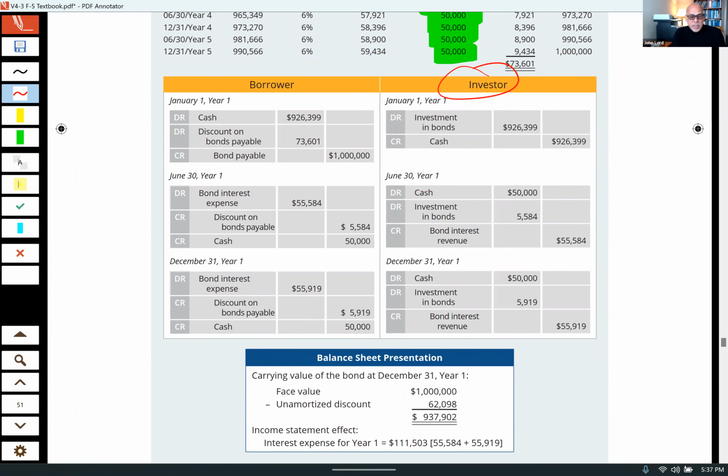And we said that the interest would be part of the income stream that you would be calculating. If it was a trading security, the difference between the market and the carrying amount would be the gain or loss, which would affect the income statement. If it was held to maturity, you wouldn't have to worry about changes in value. And if it was available for sale, the difference between the carrying value and the market would be part of our other comprehensive income.